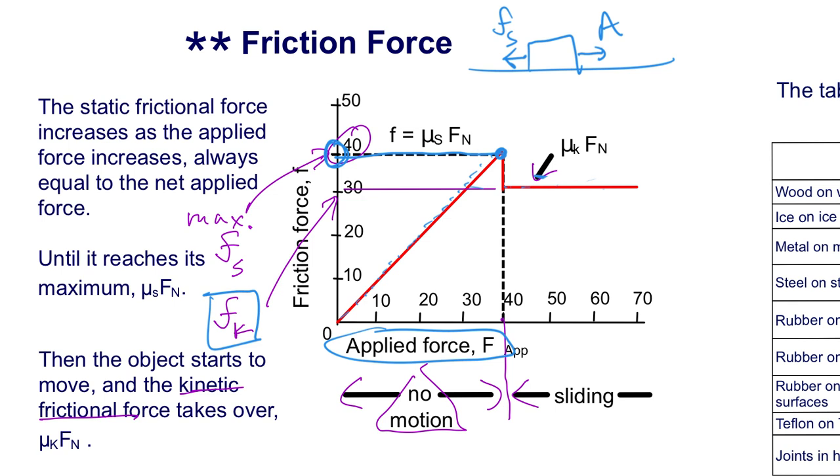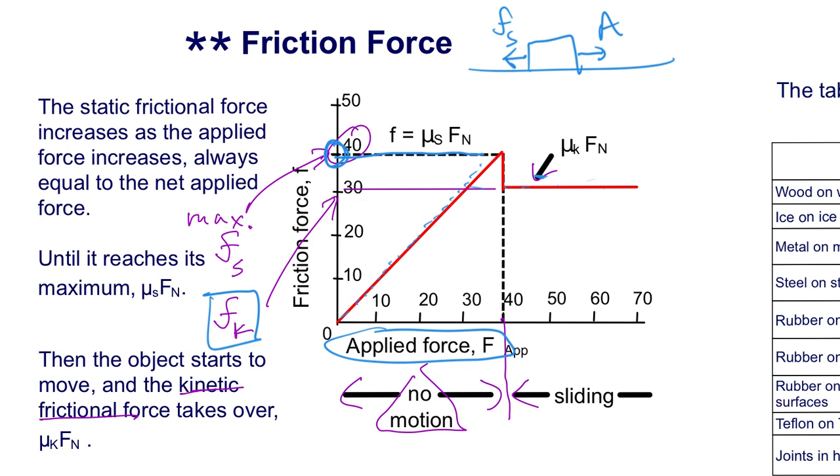Okay, so key points. The maximum applied force that can be applied without it moving would be where the peak is right here. And then you just read it off the y-axis.